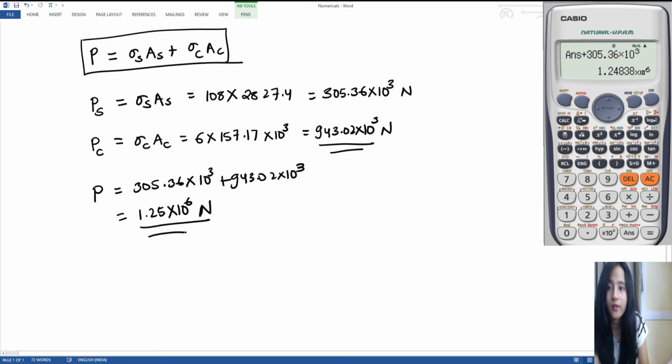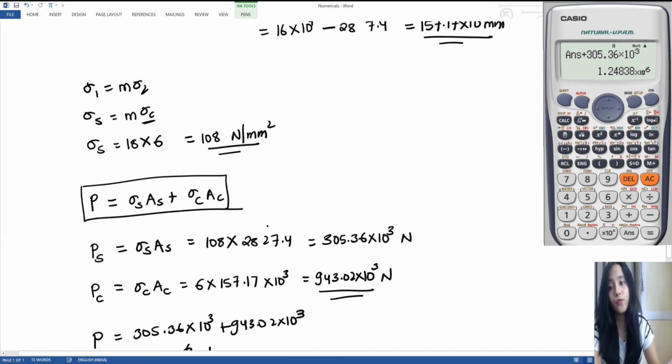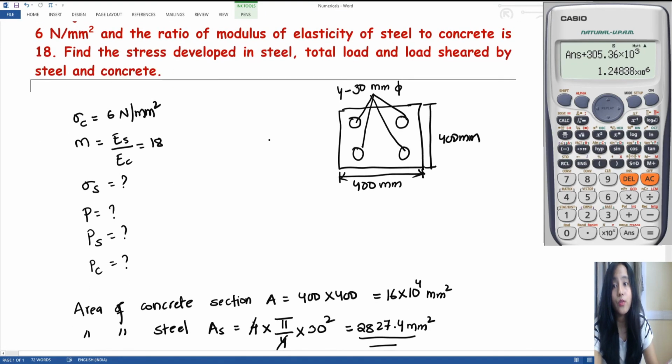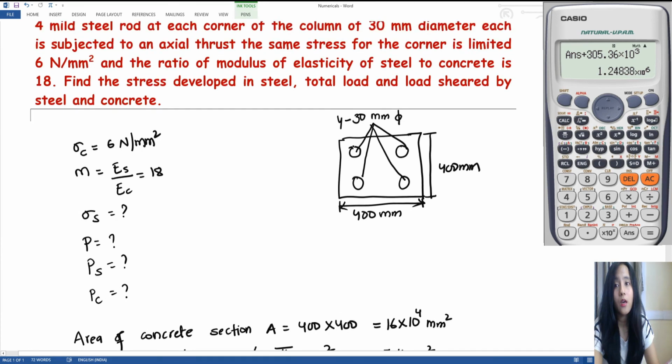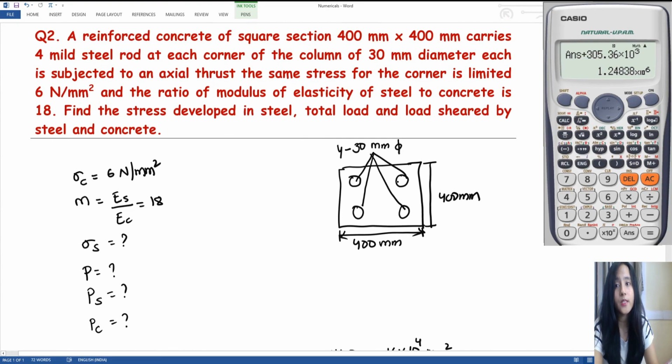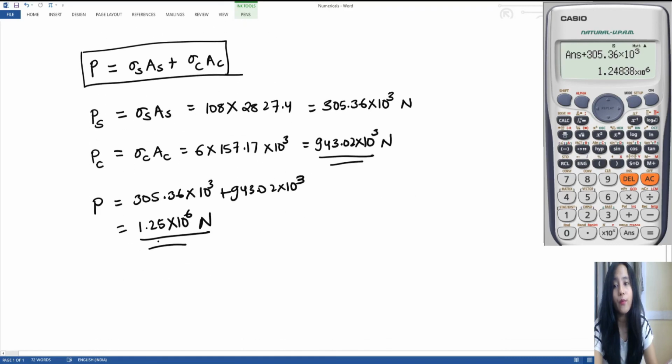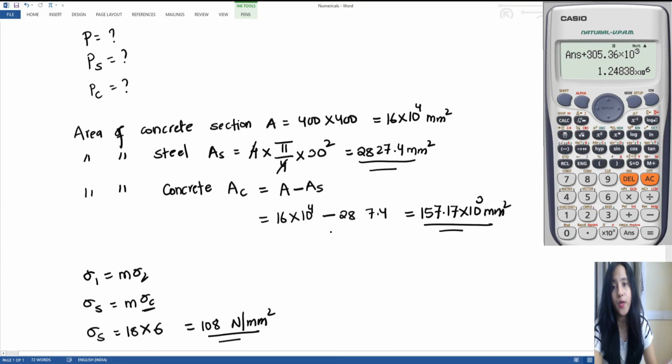So I have the force induced, the total load shared, the total load of this concrete is coming equal to 1.25 into 10 raised to power 6. So I hope this numerical is also clear.